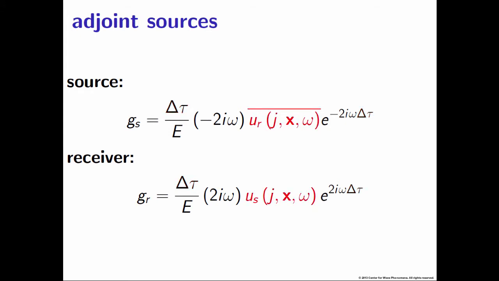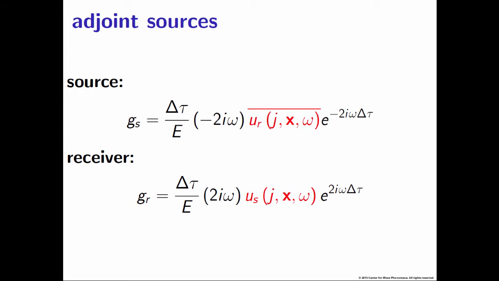We also notice that in the adjoint sources, we have the background wavefields US and UR, which means the information of the travel time error carried by delta tau will interact with the wavefields.